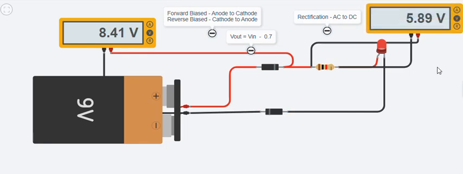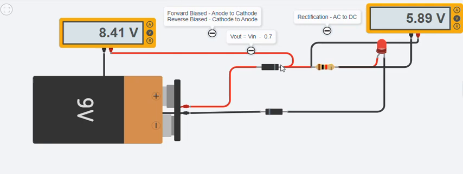So if you add 2.56 to 5.89, what do you get? That is 8 point something. 8.34.